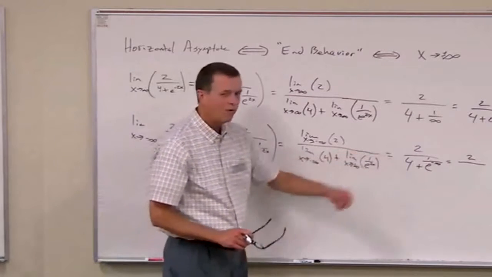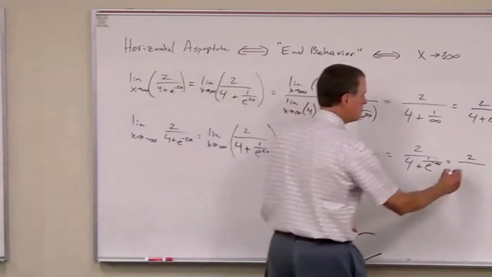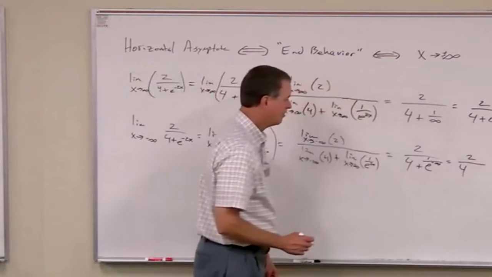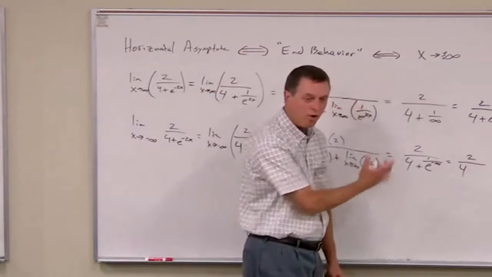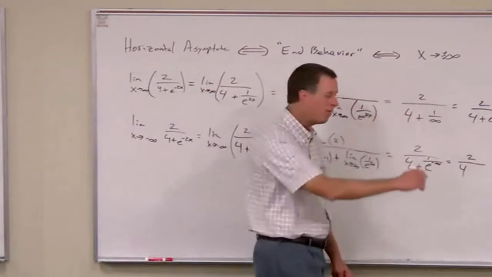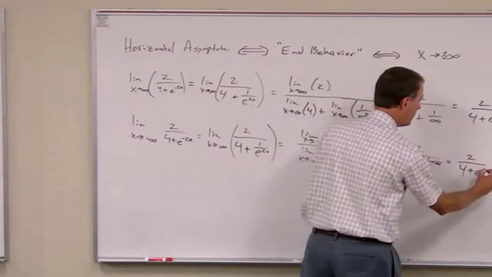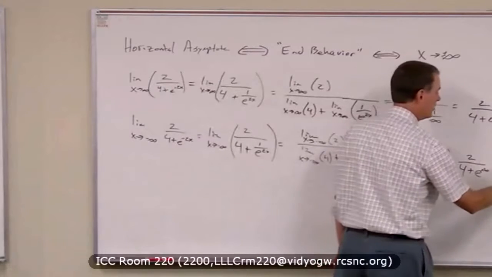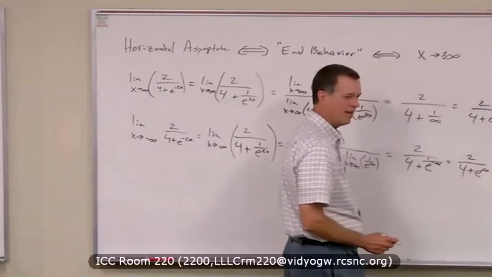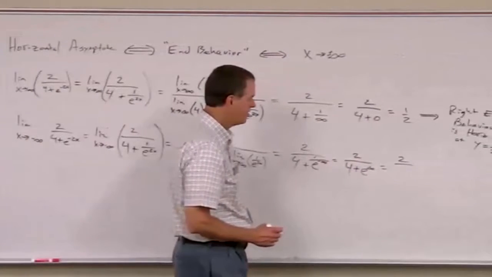Okay, so now what do we got? 4 plus 1 over e to the negative infinity. It's like making it e to the positive infinity. Okay.